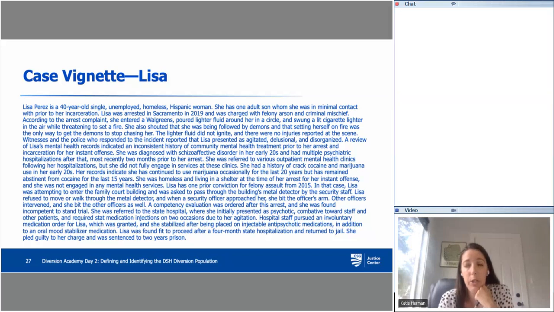She was not engaged in any treatment. She had been on parole for a period of time. She finished parole. There was no supervision whatsoever. So you might as well try this now, because incarceration didn't work in terms of reducing her recidivism, stabilizing her psychiatric issues. So why don't we try this, where she'll be very closely monitored on this ACT team.